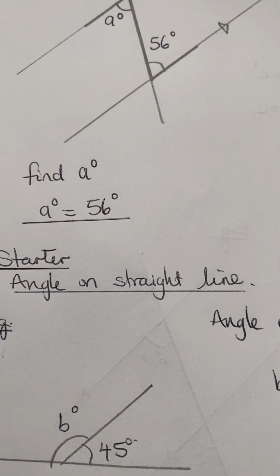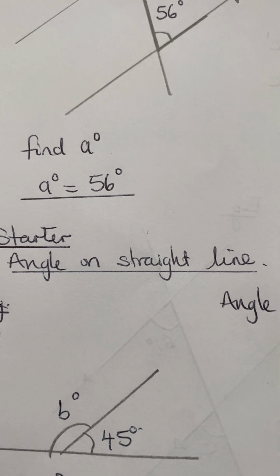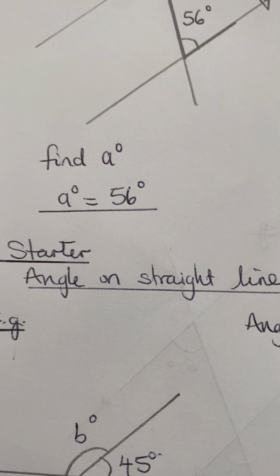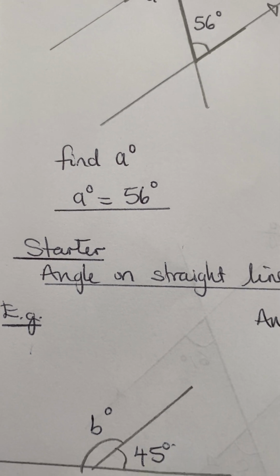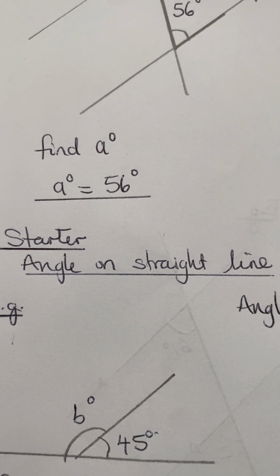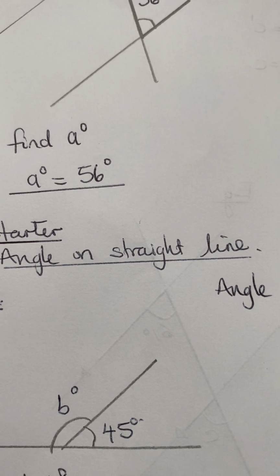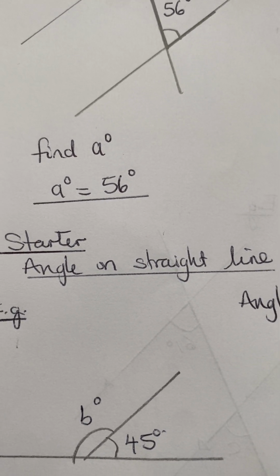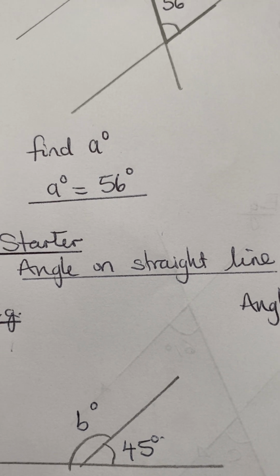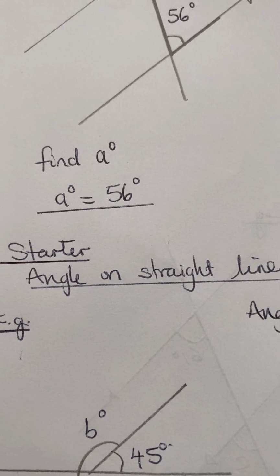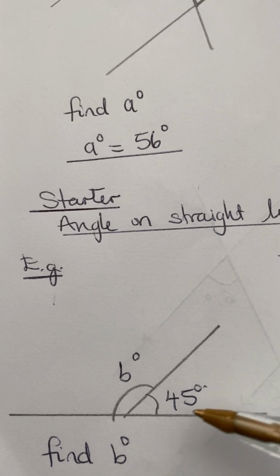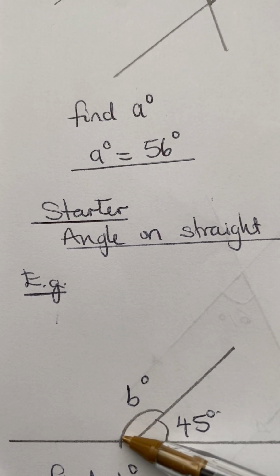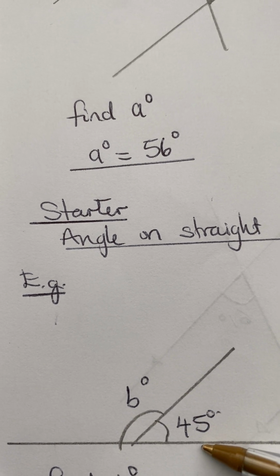Now today, our starter, we want to look at angle on a straight line. Okay, even though I haven't done a straightforward video on it, I think I want to just use a few starters to remind you of that. Because if you have a straight line, the angle on a straight line is 180.